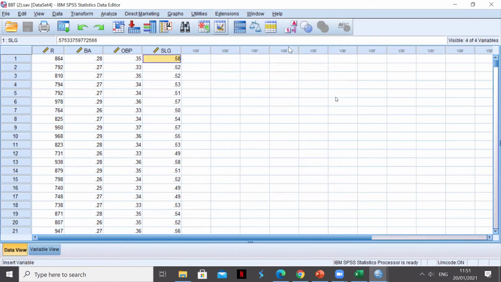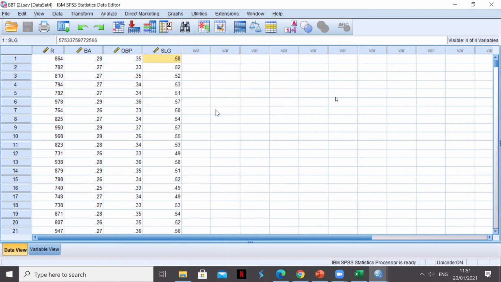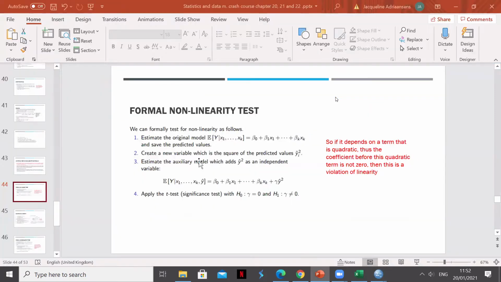And then you are going to take your model again. So you go to regression, linear. And if we had our variables, then you would have still the same model as I showed you here. You have the same model, but you add your predicted value.